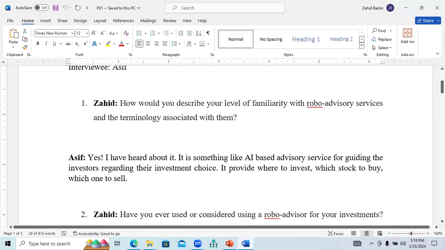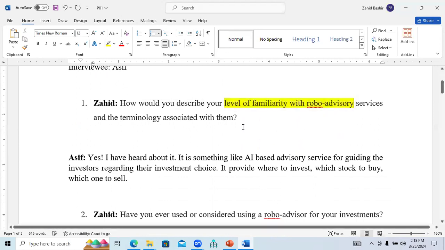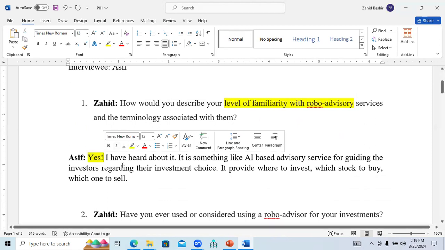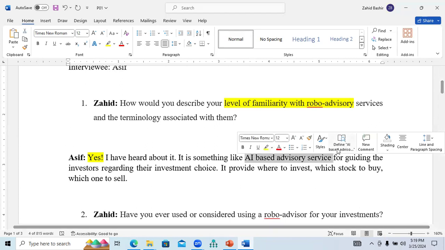It was the first question. I asked about the level of familiarity with robo advisory. This was my first question, whether the respondent is familiar with robo advisory, and he said yes. He gave me the answer yes, and as for how he is familiar, he considers robo advisory an AI-based advisory service. This is his perception.